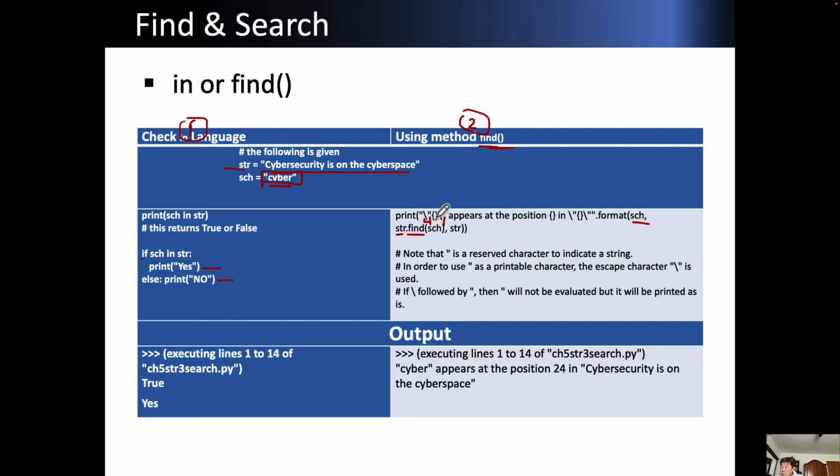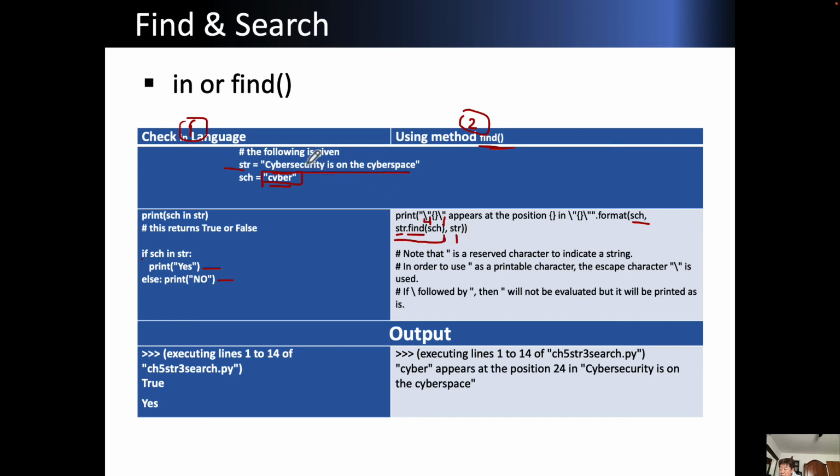So the first parameter is composed with the quote and unquote. That appears at the position. So this gives us a position. The first match will be given to you.